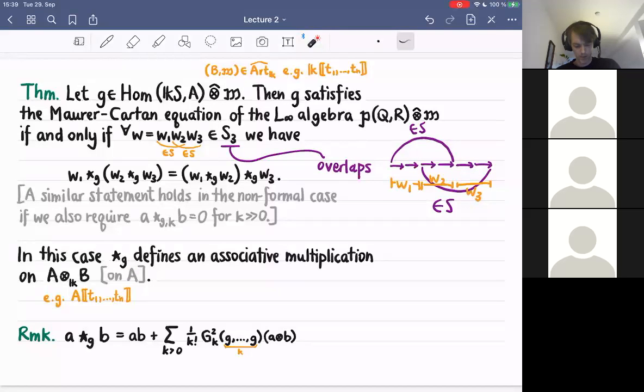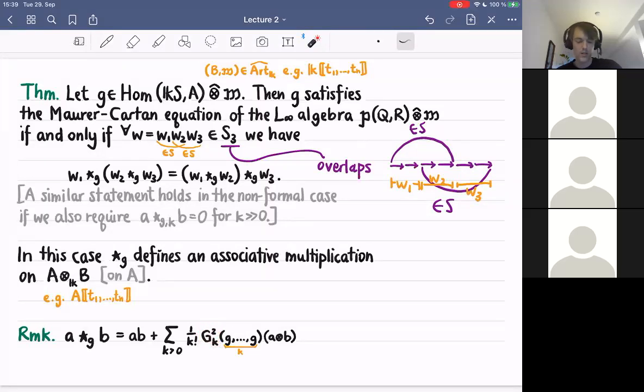This star G operation is essentially what you get by using the higher terms in the comparison morphism.